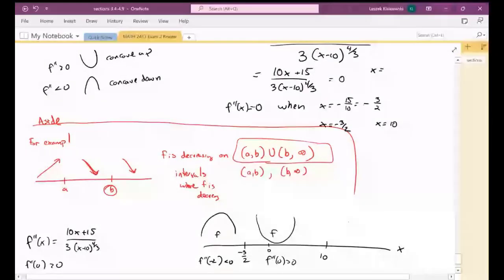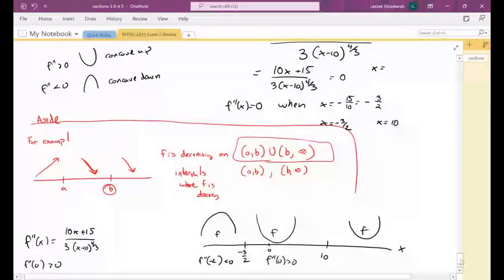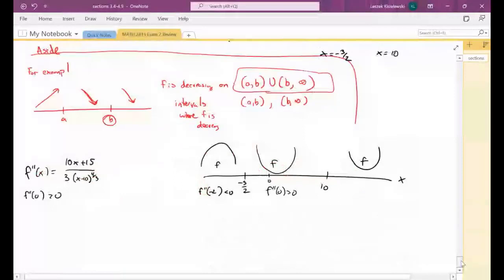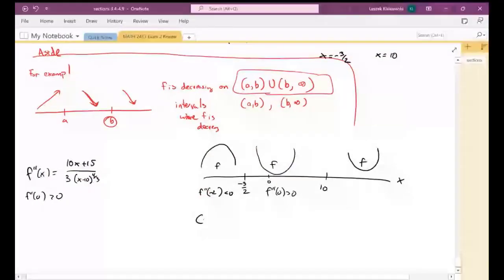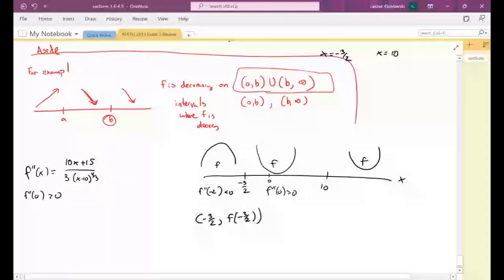So that's fascinating, right? That's exactly the example we want to see. Just because the second derivative is 0 somewhere or undefined doesn't mean that we have a change in concavity. We actually have to test concavity using the second derivative. So is this an inflection point? I'm not going to calculate what it is, but is this a point of inflection?